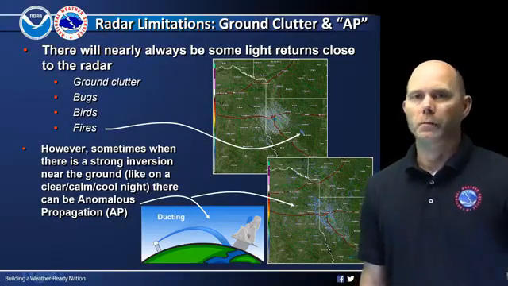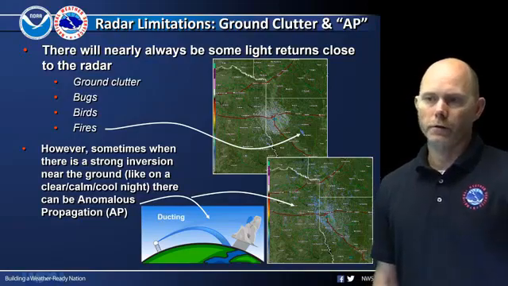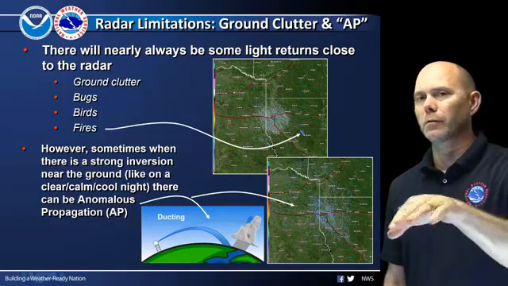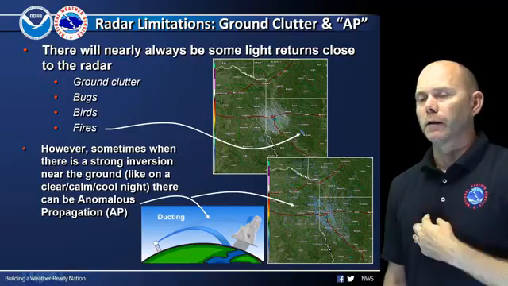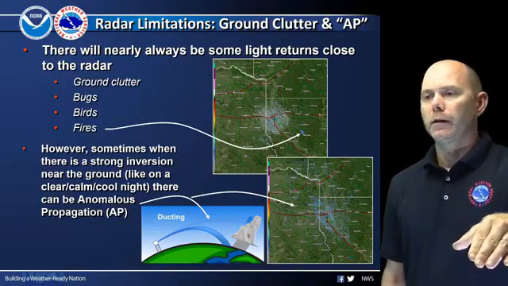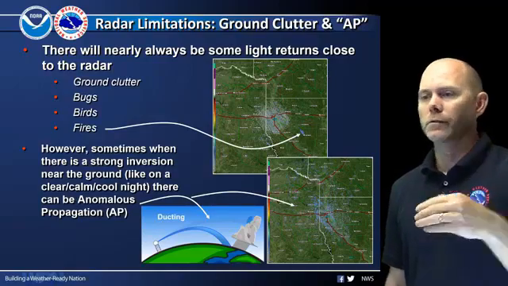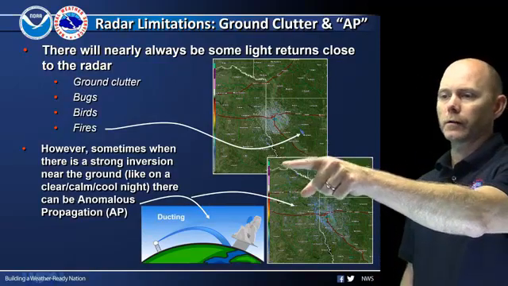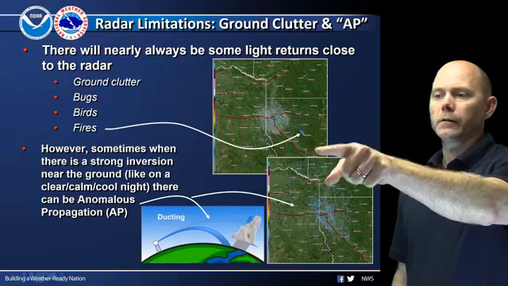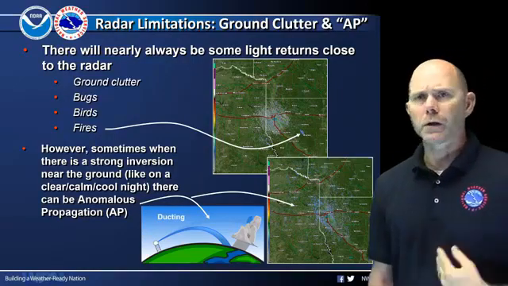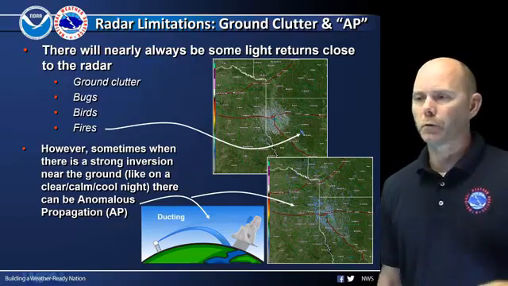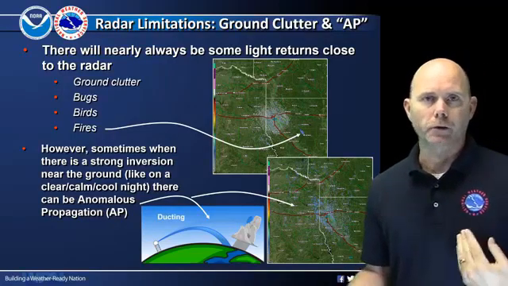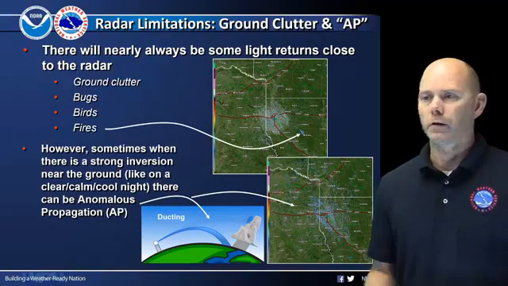Most of the time it's going to pick up ground clutter, because there's a little portion of that beam that's going to reflect off of high trees that are close to the radar, and it'll reflect off of birds, bugs. Sometimes in this image you can see a smoke plume from a fire that'll show up. So we always have to keep that in mind. Right around the weather radar, maybe within 30 miles, there's always going to be a little bit of light echoes that show up that generally aren't weather.